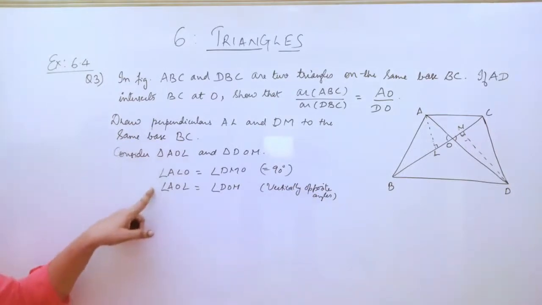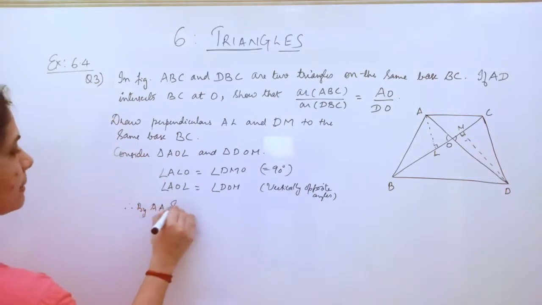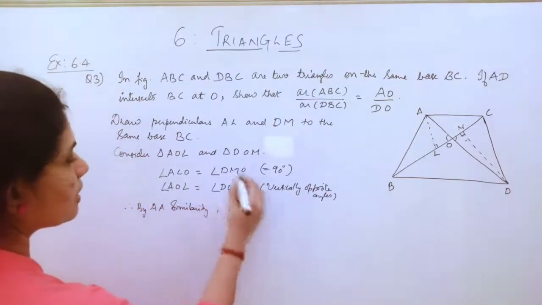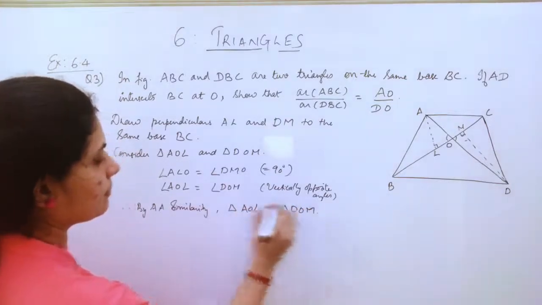So you got two corresponding angles to be equal. Therefore by AA similarity, the two triangles will be similar, that is triangle AOL will be similar to triangle DOM.